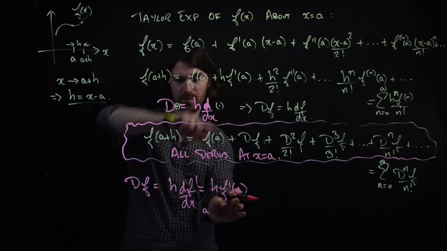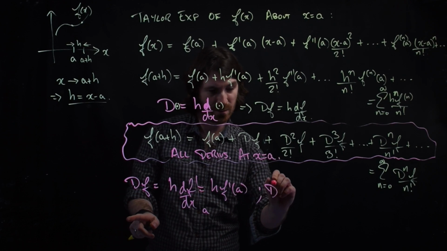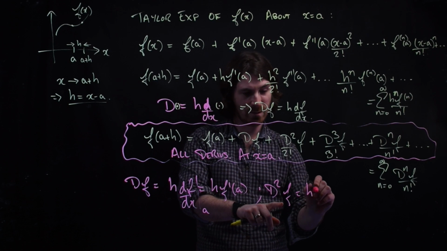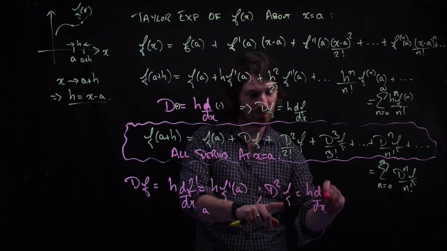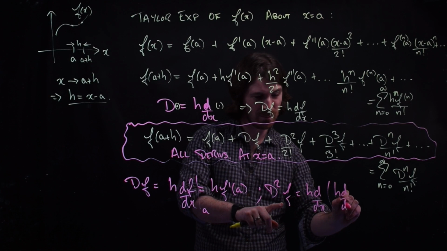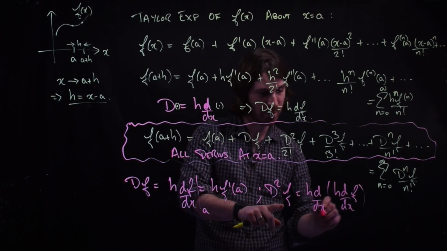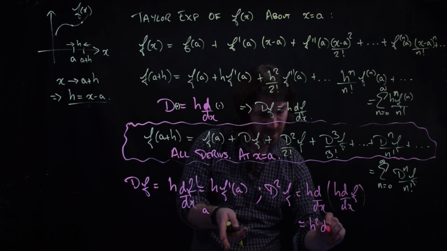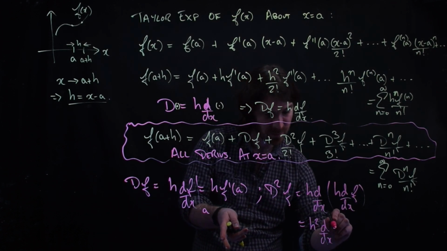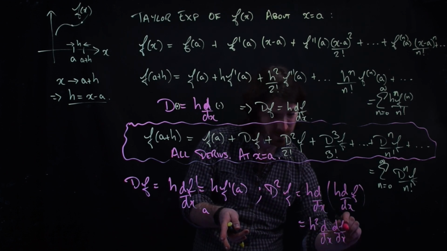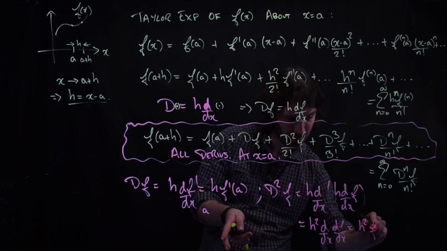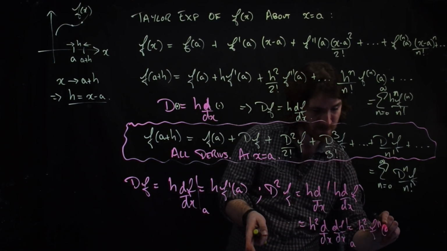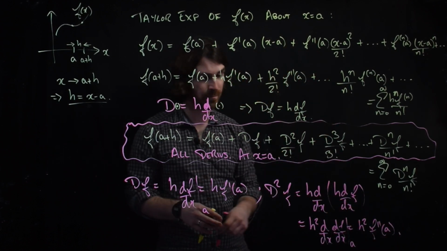That's this term, and d squared f is h d by dx of h d by dx of f. And h is just a constant, so we can bring that out the front. It's h squared d by dx of df by dx, which is just h squared times the second derivative, always evaluated at a, as we said. So this is the second term, etc.